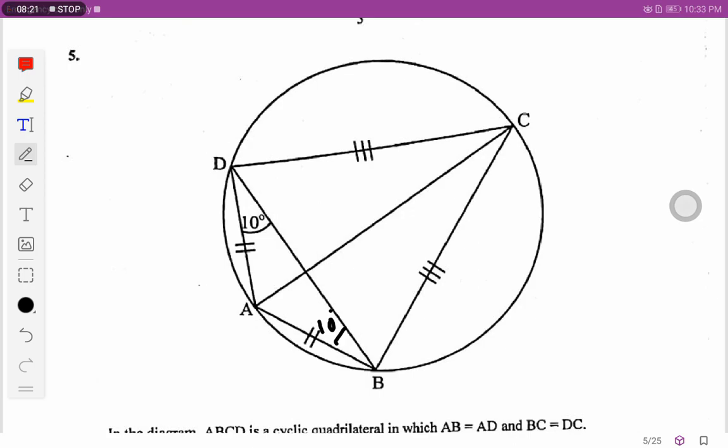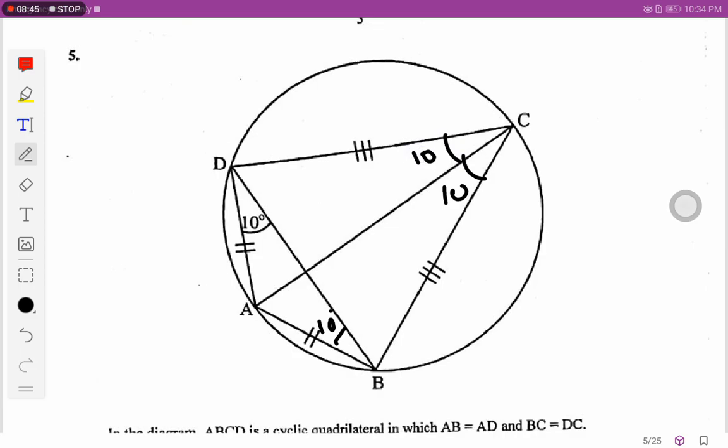This is the same chord, subtending this one and also this one. So this is going to be 10. And also because they are similar, we can also say this is also going to be a 10 here.